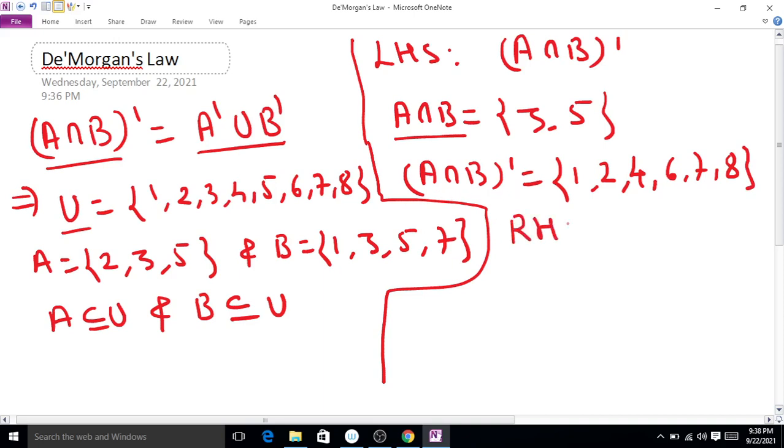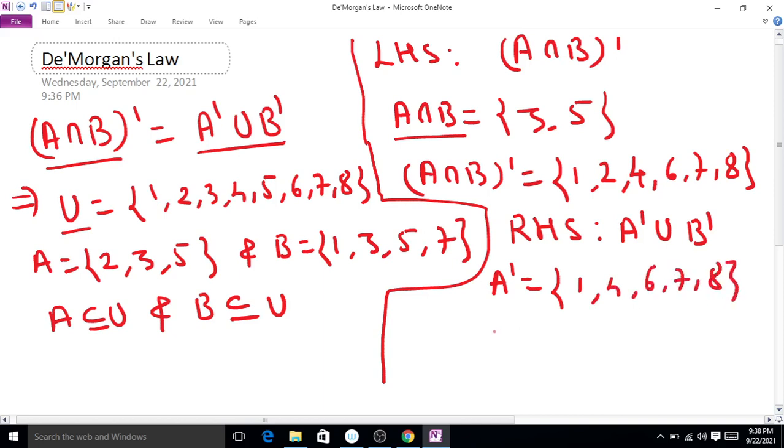Now on the RHS we want to determine A complement union B complement. So A complement is equal to 1, 4, 6, 7 and 8. Similarly B complement is equal to 2, 4, 6 and 8.